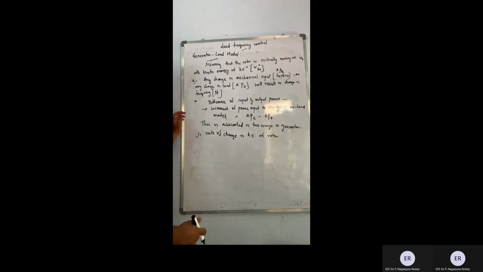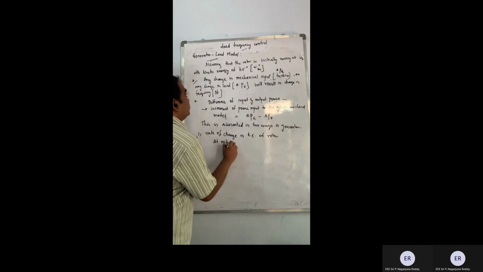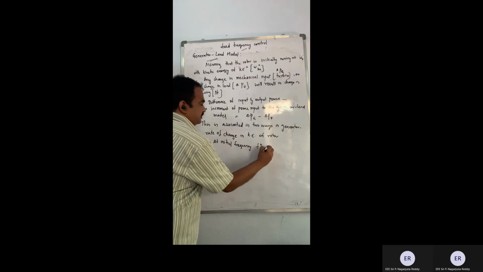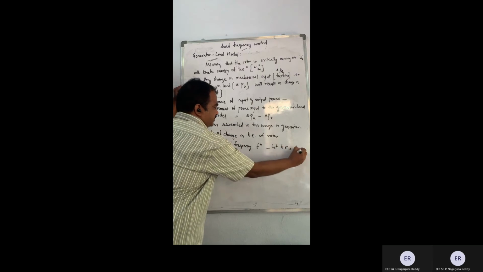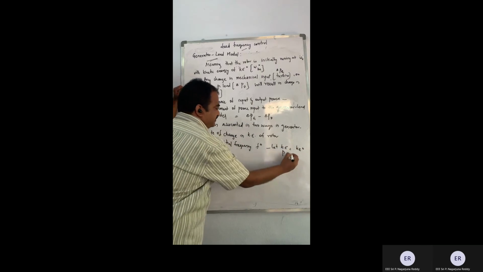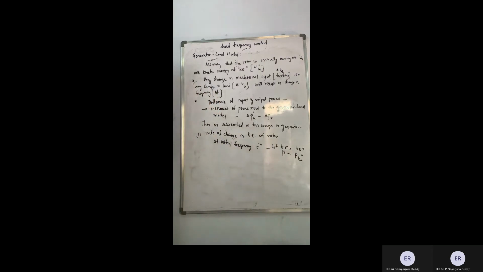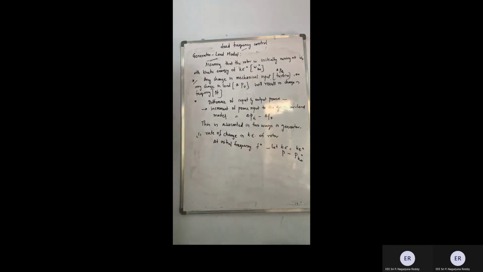Now, first of all, let us have a mathematical model for this one. At initial frequency of F0, let the stored kinetic energy be K0 and the power related to it be P. Okay.